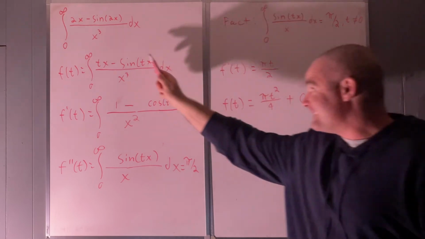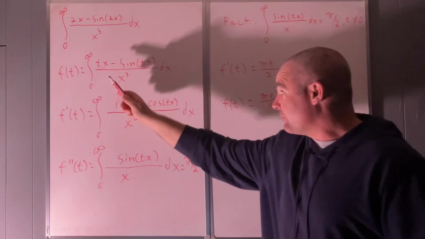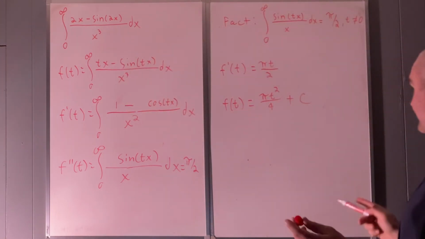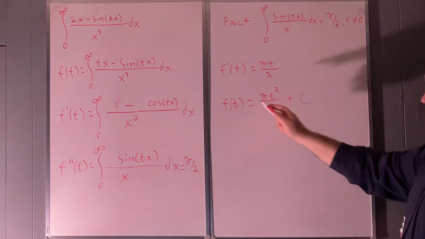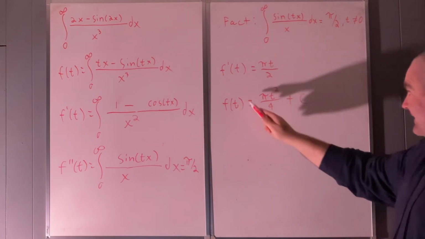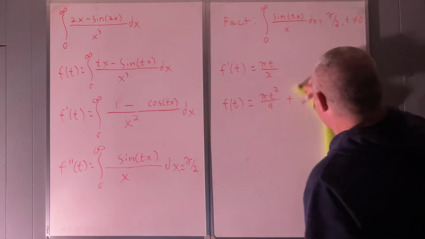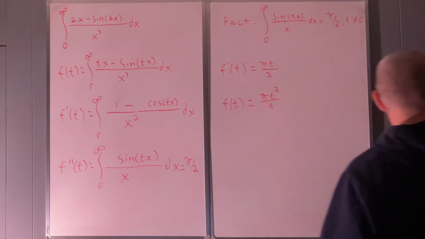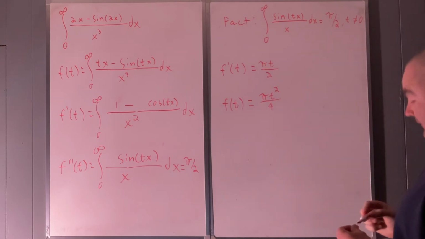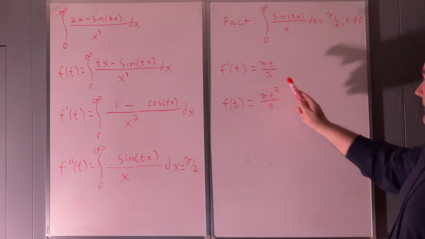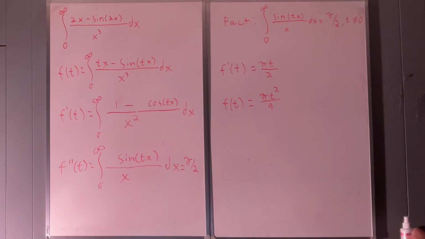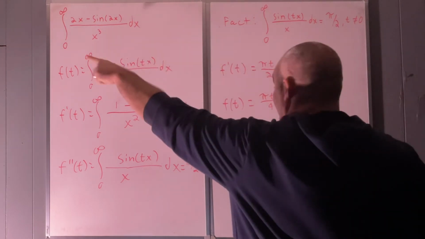By plugging in 0 for t, we will get 0 minus 0, or just 0. So if we plug in 0 for t, we get that 0 is equal to 0 plus c again. The c drops out, and we're left with f of t being equal to this. And if we plug in 2 for t, we will get our original integral back.